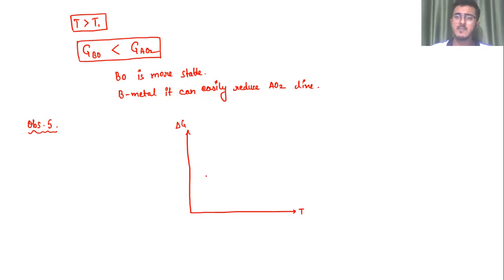Many of the oxide lines have their particular slope, and right at a certain temperature they have a sudden change in the slope. If I take slope m1, let me take this as A converting into AO2.